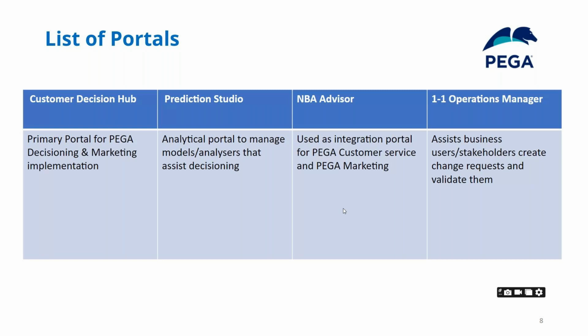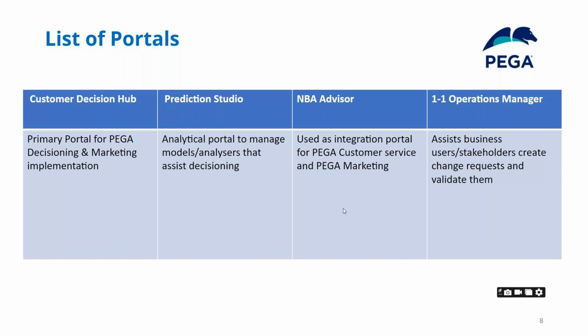They can do that directly from the One-to-One Operations Manager. So the business has some new requirement, they will create that in the Operations Manager and we have to work on that. All these portals we will be seeing in the coming sessions.